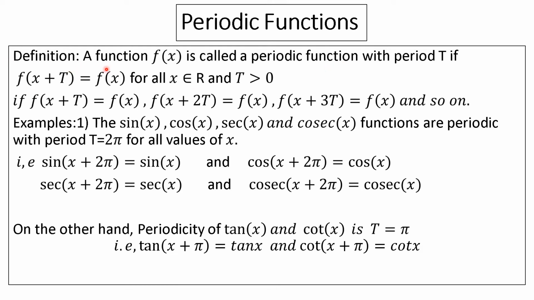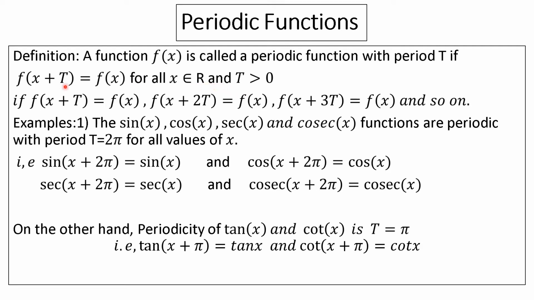The definition says a function f of x is called a periodic function with the period t if f of x plus t is equal to f of x for all x belongs to R and t greater than 0.